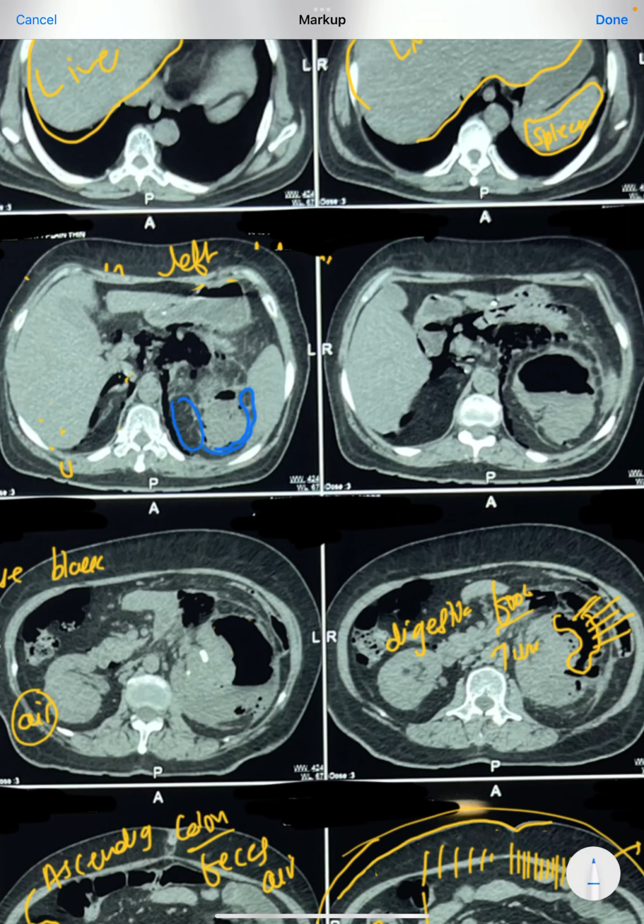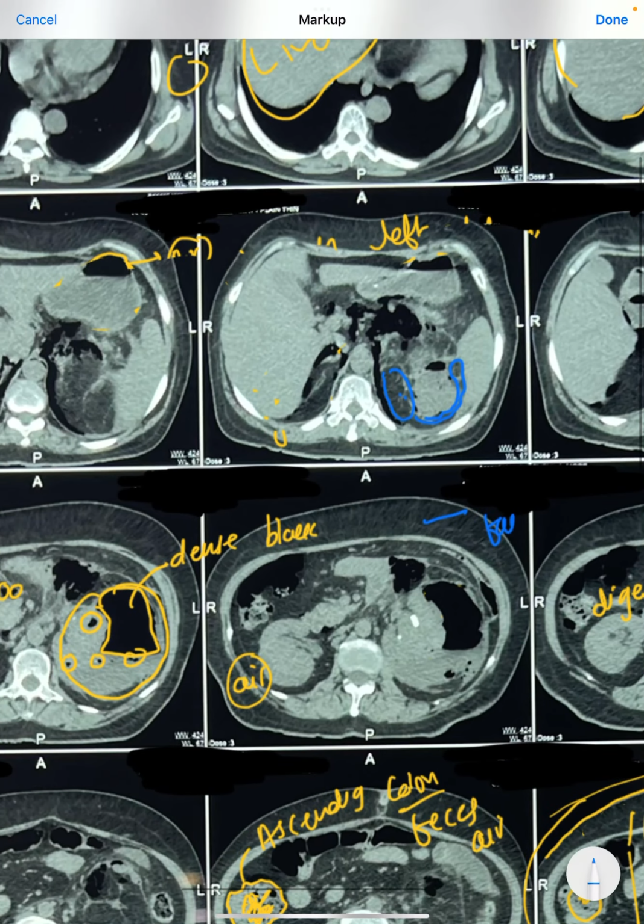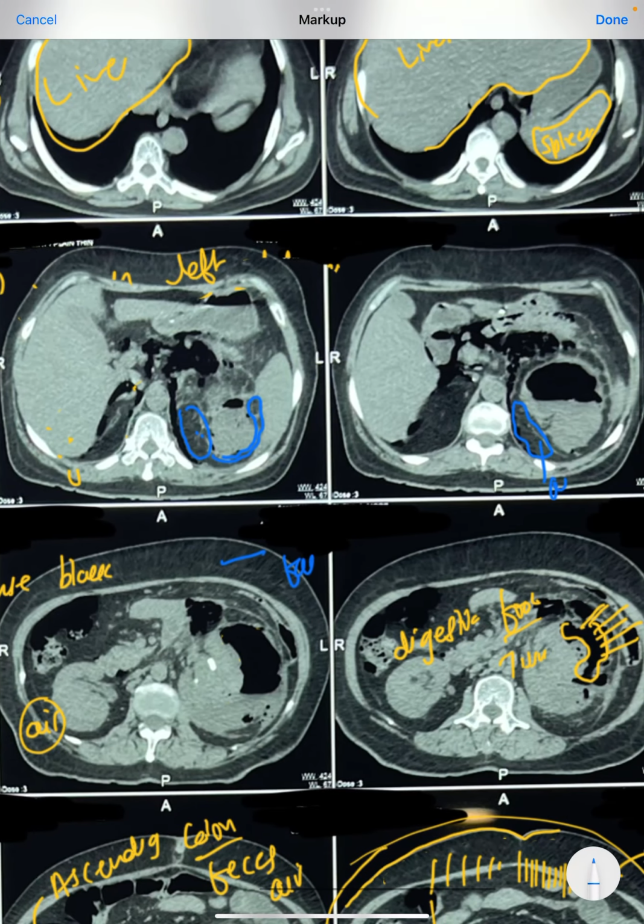So just compare the fat, which is this, and just compare, this is more dense black. So this is kind of a liquid pus or liquid abscess which is present near the kidney, associated with fat stranding, fat infiltration, associated with so much of gas, suggestive of emphysematous pyelonephritis, which is usually very bad.